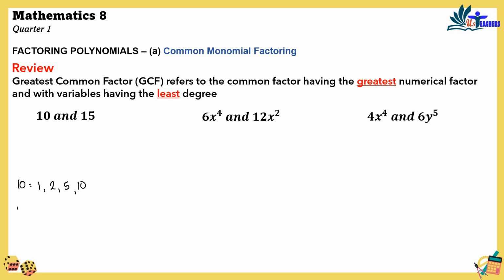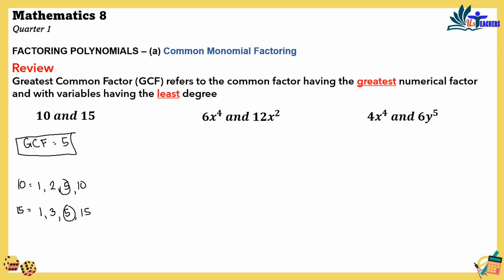And then yung 15 naman, ano yung factors ng 15? 1, 3, 5, and 15. So ngayon, hahanapin natin sa kanila kung ano yung pinakamataas na magkaparehas. So that is 5. So ang GCF natin dito is 5.